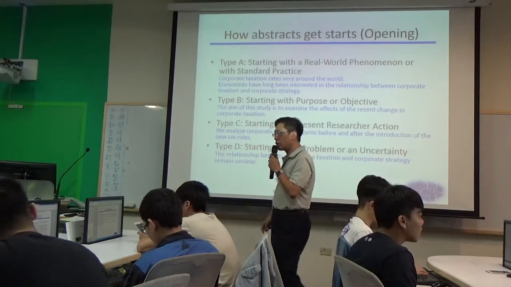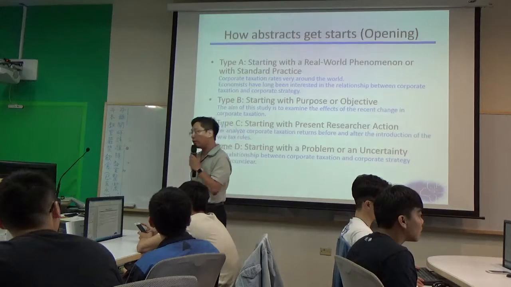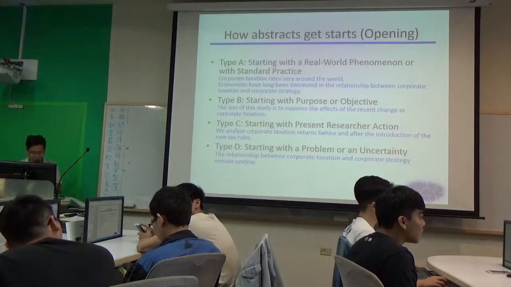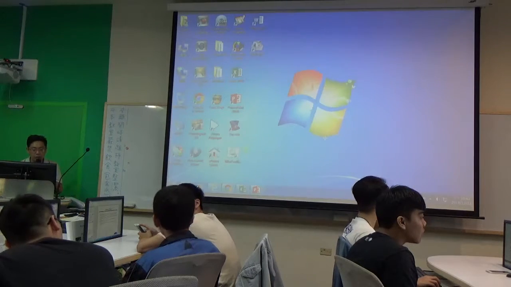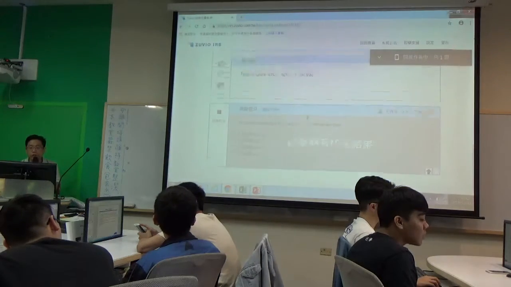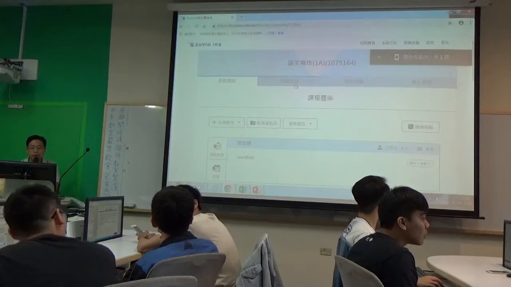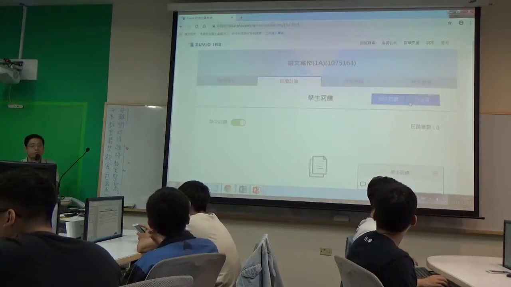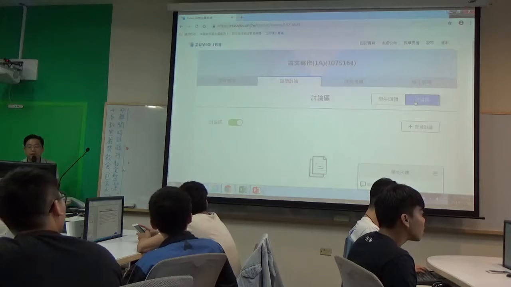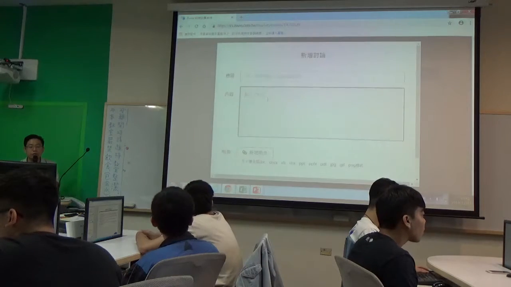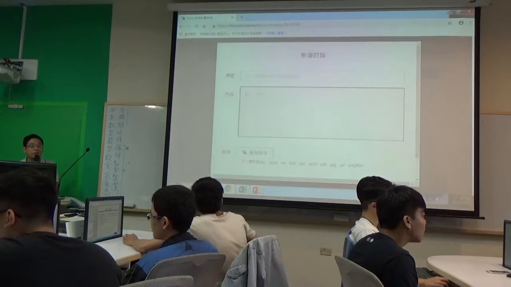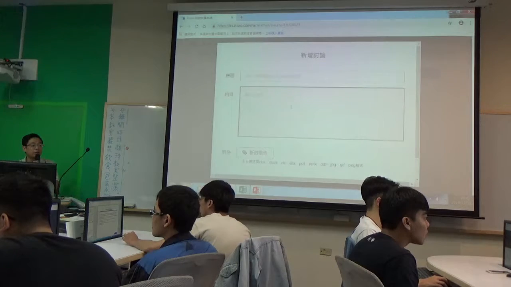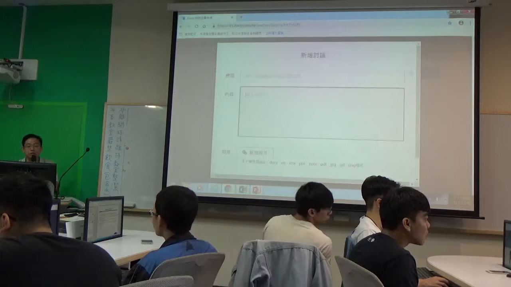You can open a discussion room. Do you know that? In Ruvio, there is a discussion area. You can add a discussion and put your sentence here, and your teammate can copy this sentence.